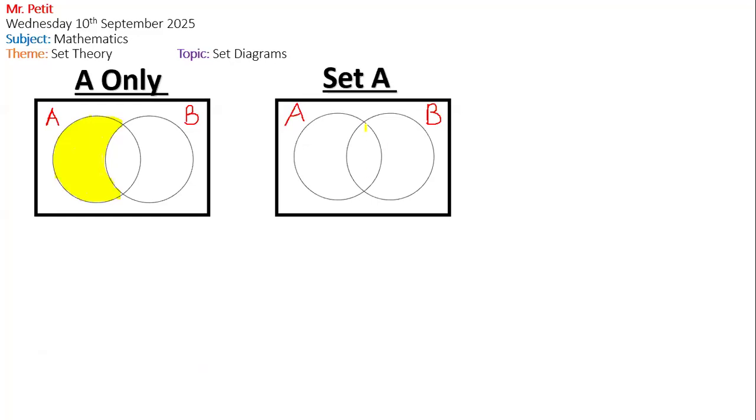So we have all of this, all of this, all of this, all of this. Okay.